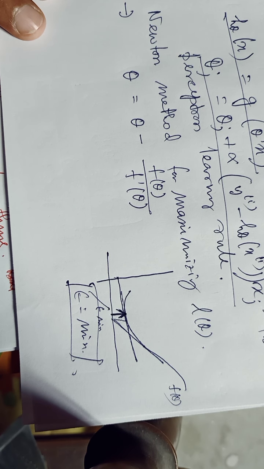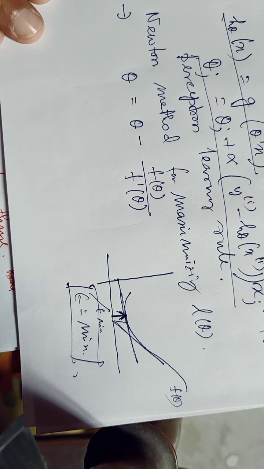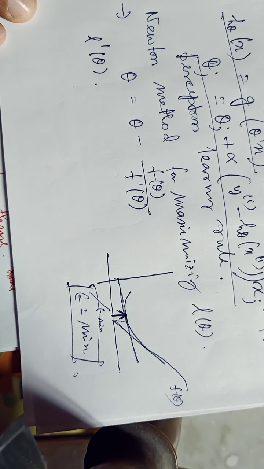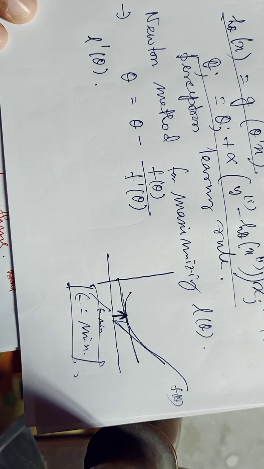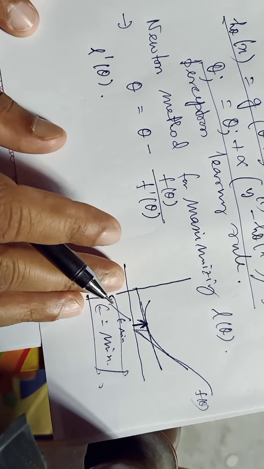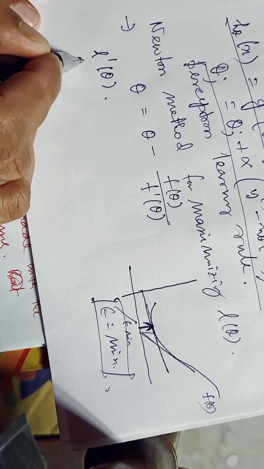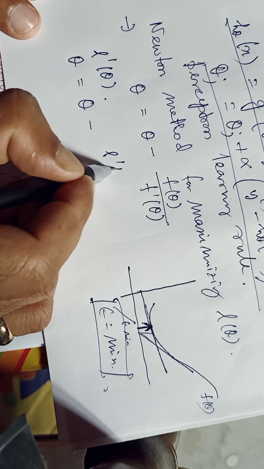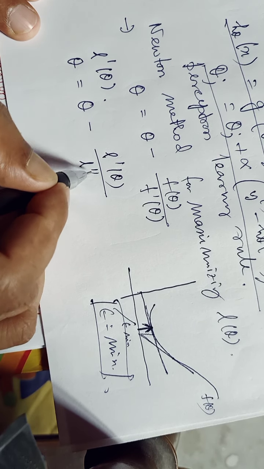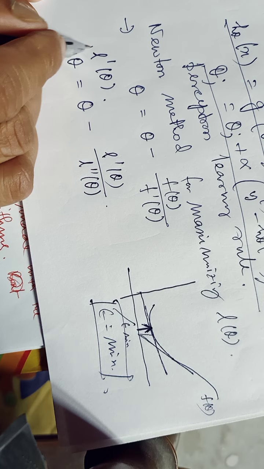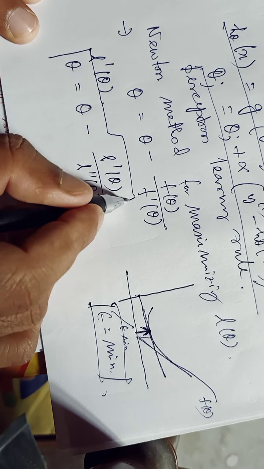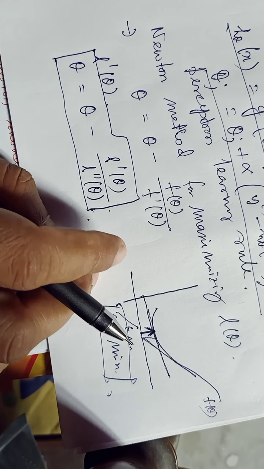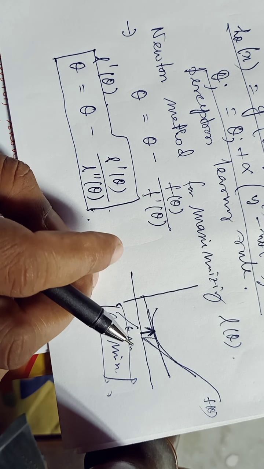Okay, so since our maximization problem is L dash theta, our target is to find the maximum value of L dash theta. Therefore, in Newton's method, the update rule will be theta equals theta minus L dash theta by L double dash theta.